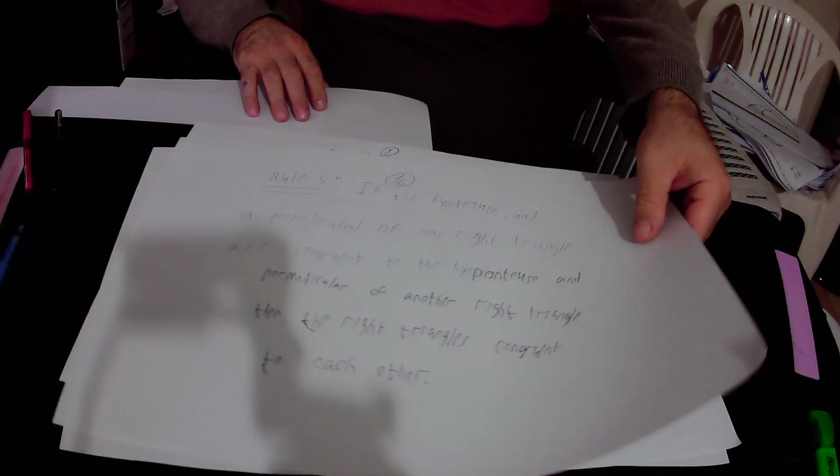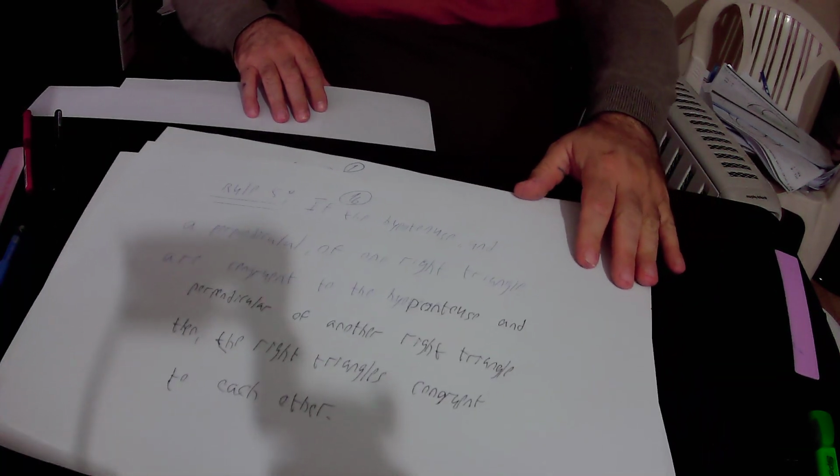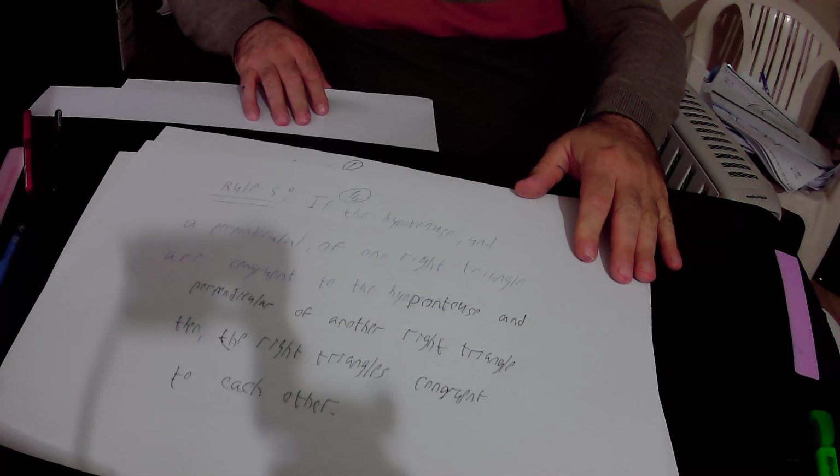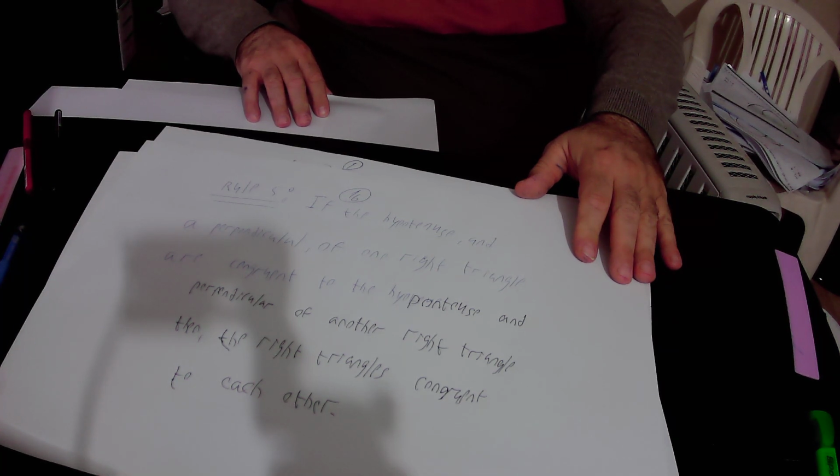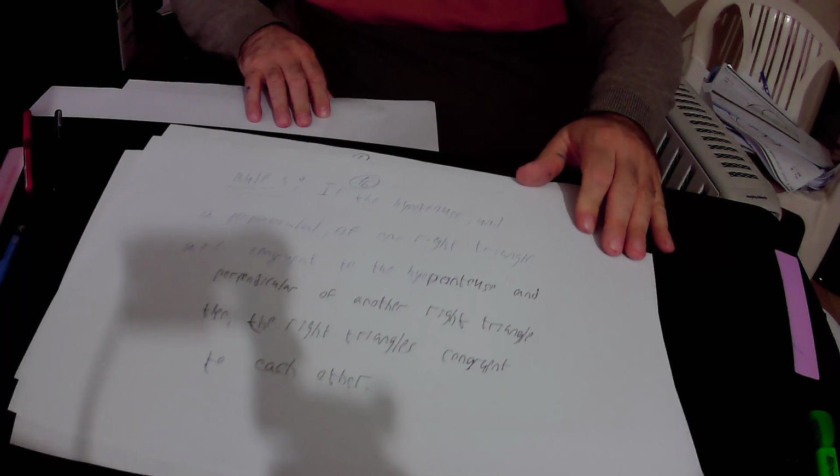What is rule number 5? Rule number 5 states that if the hypotenuse and the perpendicular of one right triangle are congruent to the hypotenuse and the perpendicular of another right triangle, then the right triangles are congruent.